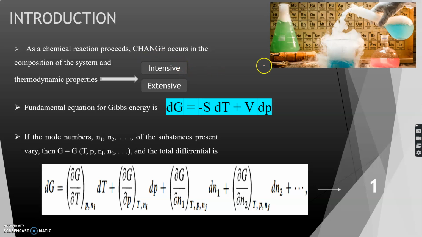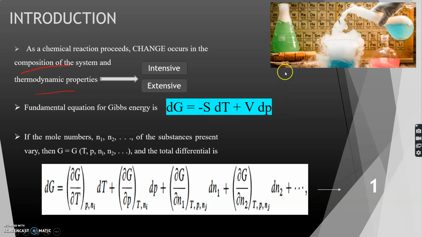Now, whenever there is a chemical reaction, there is a change in not just the composition of the system but also the thermodynamic properties. Broadly, thermodynamic properties can be divided into extensive and intensive properties. One of the most fundamental equations of Gibbs energy is dG equal to minus S dT plus V dP.